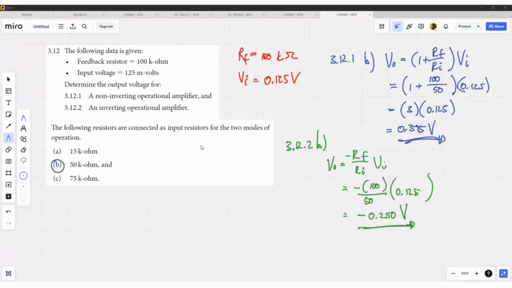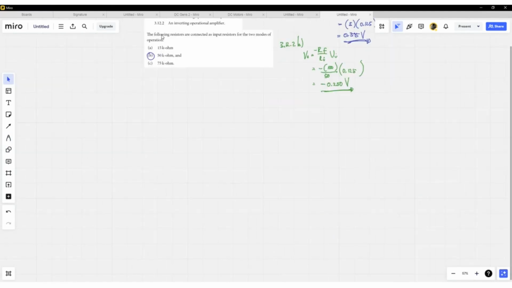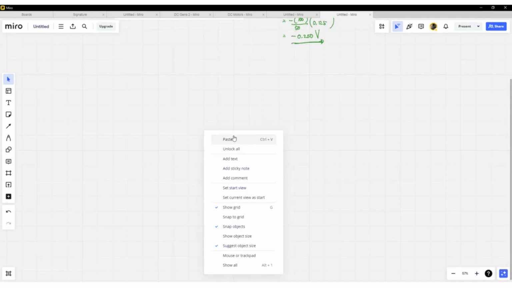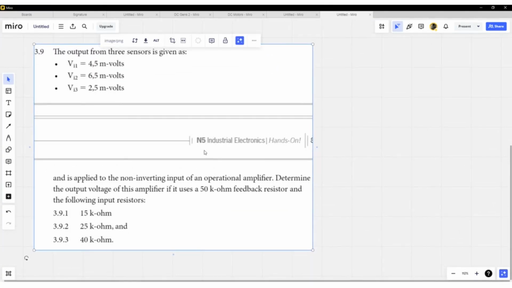I think the author might have made a mistake here in formulating the question. I'm not 100% sure what's going on here, but let's take a look at it. So number 3.9, exercise 3.